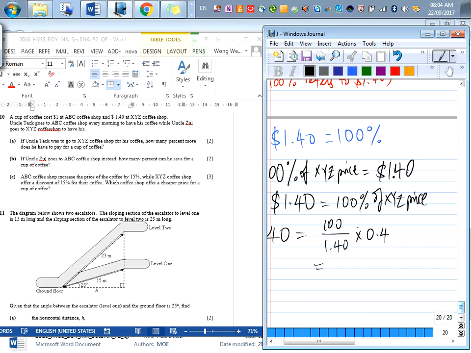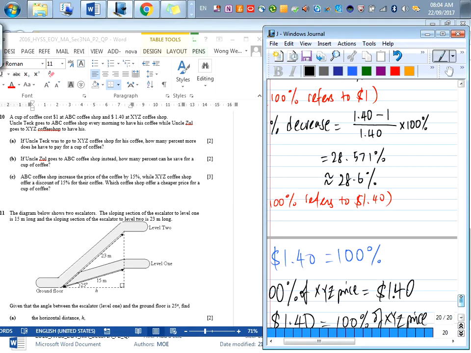This is 28.571. This is percent of XYZ price. Percent of XYZ price. So this is the percentage decrease. Okay, this is a bit long, but it has the statement to tell you what is happening at every step. If you can do it without all this, then your working will look like what was originally above. This one.